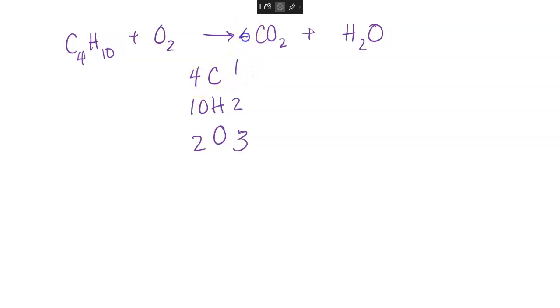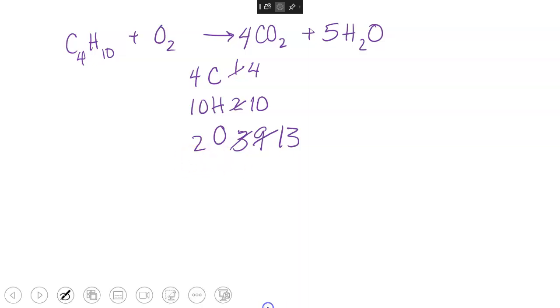1 goes into 4, 4 times. 8 plus 1 is 9. 2 goes into 10, 5 times. So 8 plus 5 is, whoops, that's 13. And then 10 for that.